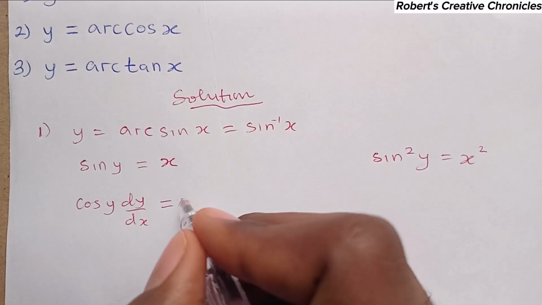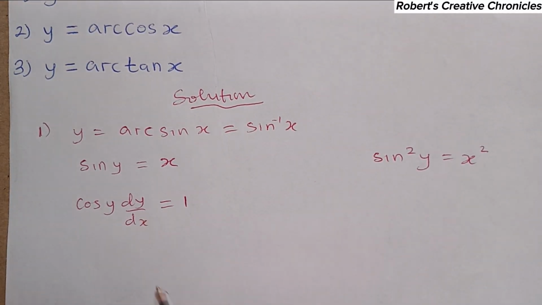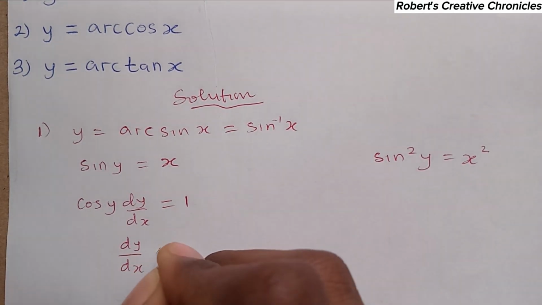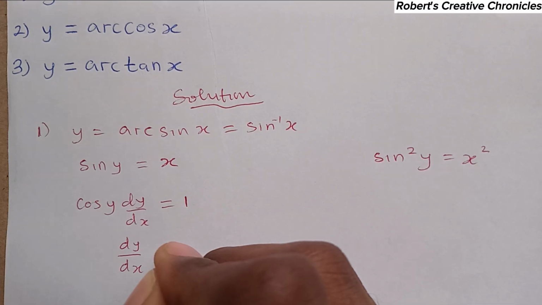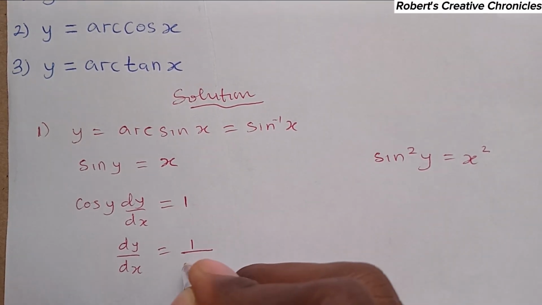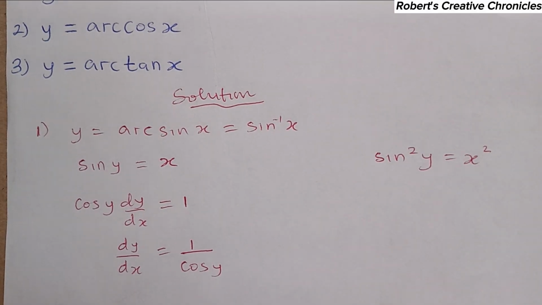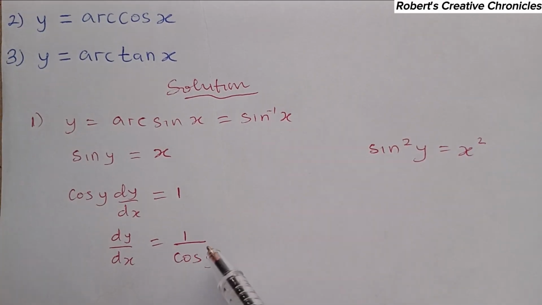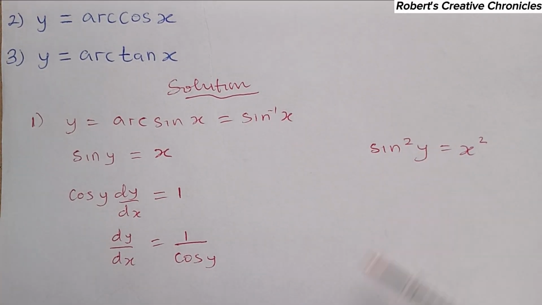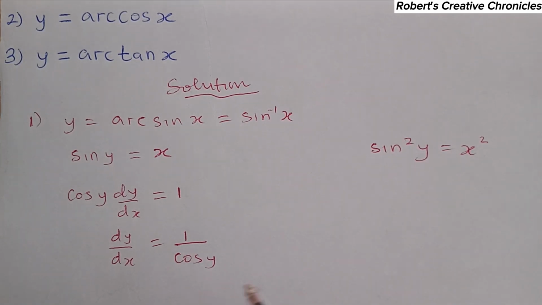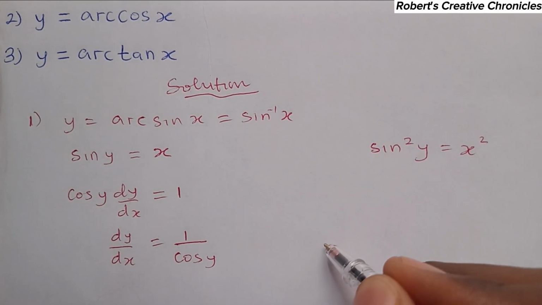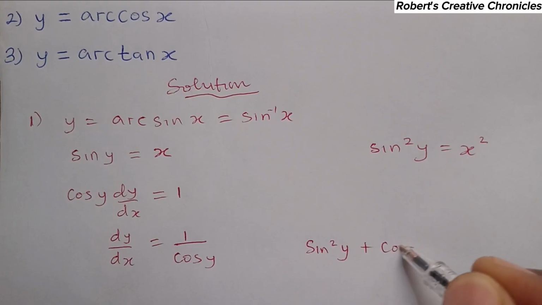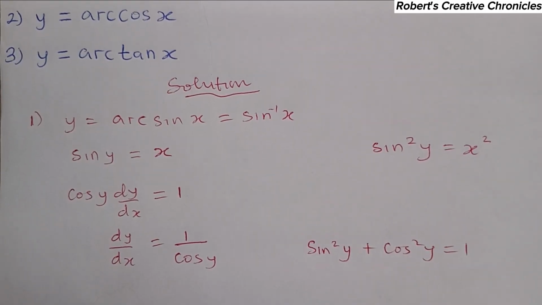Then the derivative of x is 1. So we'll make dy over dx the subject of the formula. It becomes dy over dx equals 1 over cos y. Now, this cos y, we will express in terms of this sine square y. We know that sine square y plus cos square y equals 1.